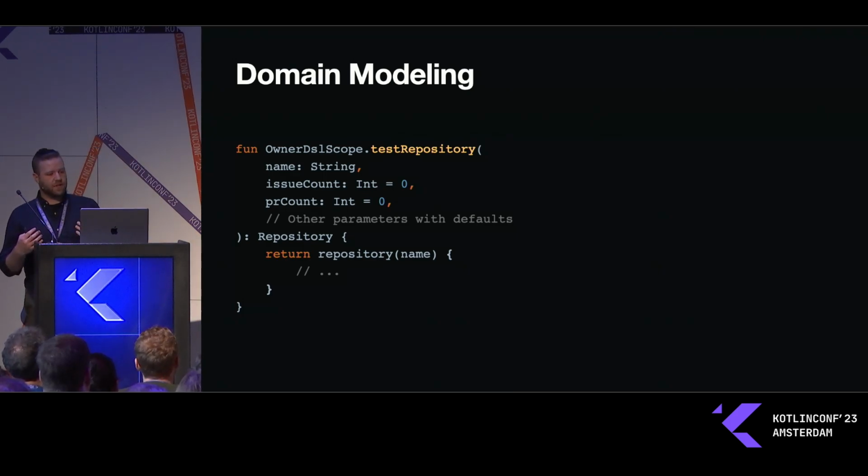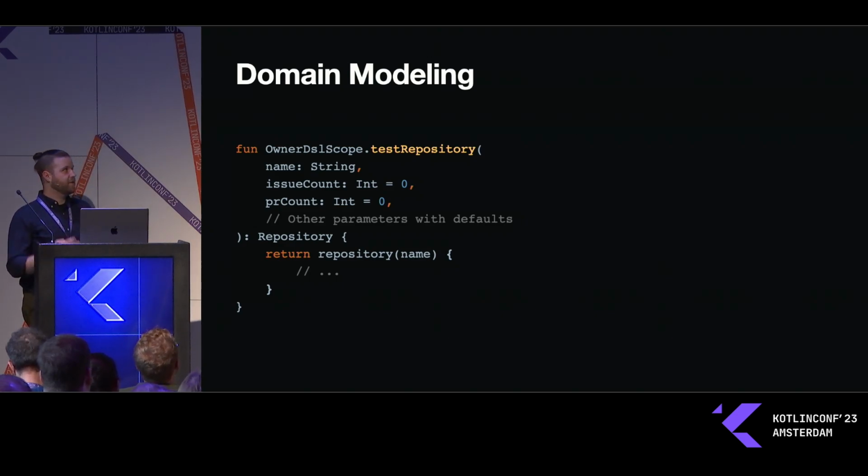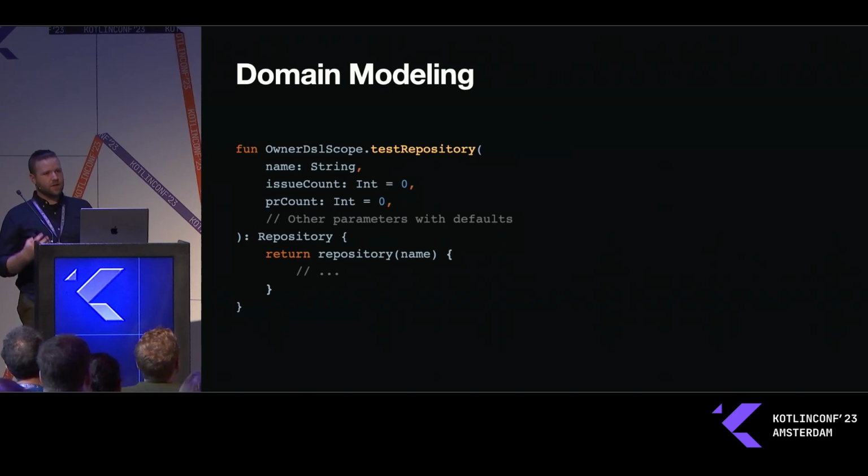Great, you have this nice generic repository function, but maybe for your specific case, you have a form of a repository that you keep creating over and over again. And so you can create an extension function that might allow you to say, I just want a number of issues and a number of PRs added to that repository, and give it a name, and it's going to do all of that stuff for you automatically.